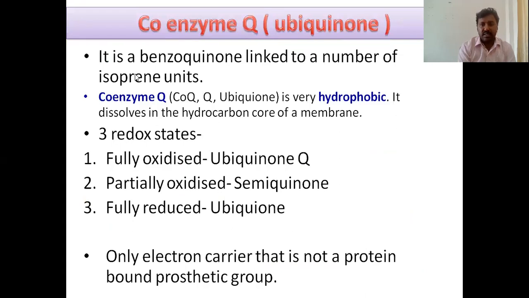What is the main thing about ubiquinone? It is a benzoquinone linked to a number of isoprene units. It has 3 redox states: fully oxidized ubiquinone Q, partially reduced semiquinone, and fully reduced ubiquinol.